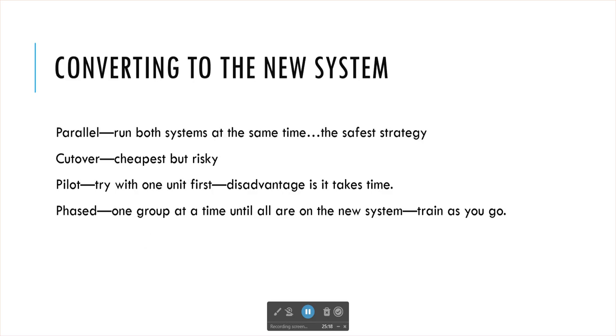Now, when you are converting to a new system, you have accepted the new system, you believe it's going to do what you want it to do, and there's some reliance because you have an audit of some sorts done. Well, parallel is when you run your old system and your new system at the same time. And this is also a discussion when we're talking about a particular application, and I should be careful in how I say that.